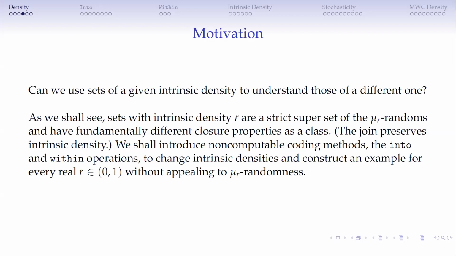One reason we might want to ask this question is that it becomes very obvious pretty quickly that full mu R randomness is a fundamentally different property as a class than intrinsic density. One of the great examples is if you have two sets of the same intrinsic density and you join them together, then the resulting set has the same intrinsic density as those two sets. Clearly, this is not true for random sets. If you join two random sets, that's no longer random.